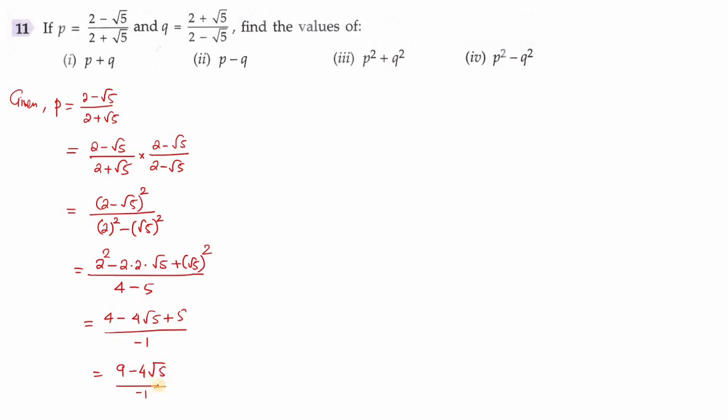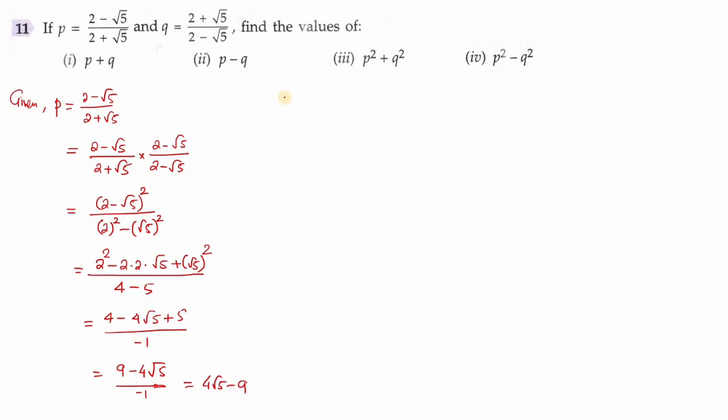This equals 4 root 5 minus 9, because dividing by minus 1 is equivalent to multiplying by minus 1. So this is your p.